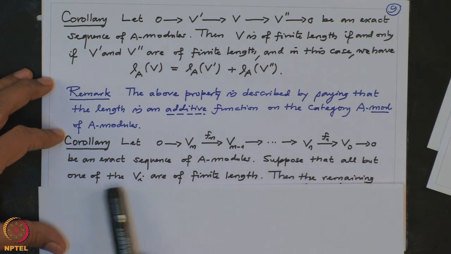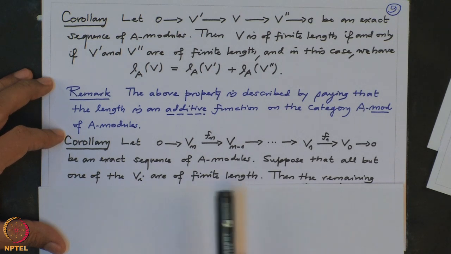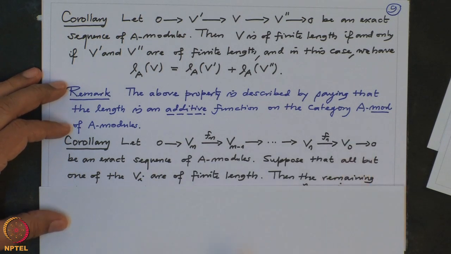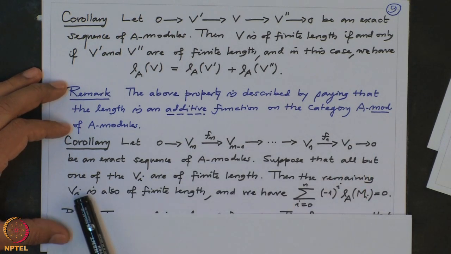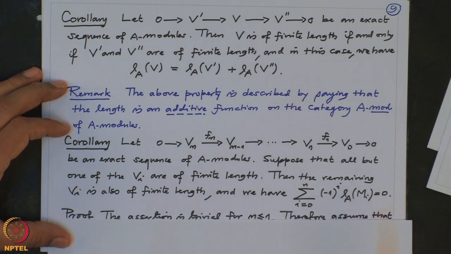Suppose that all but one of the Vi are of finite length. That means only one Vi may not be of finite length and all others are. Then the assertion is that the remaining Vi is also of finite length, and in that case the alternating sum of the lengths is 0.